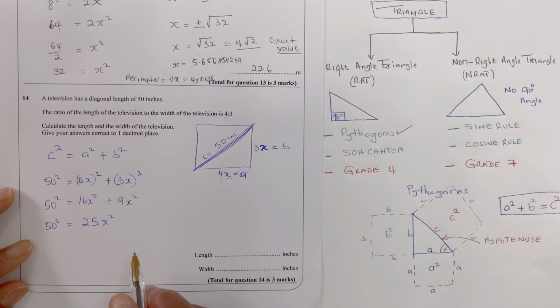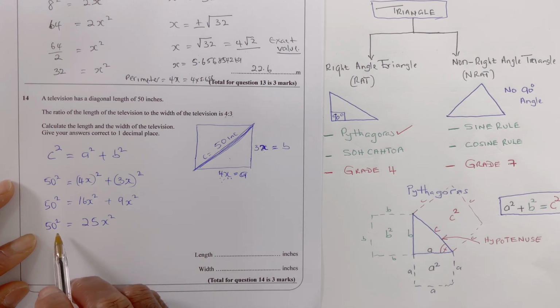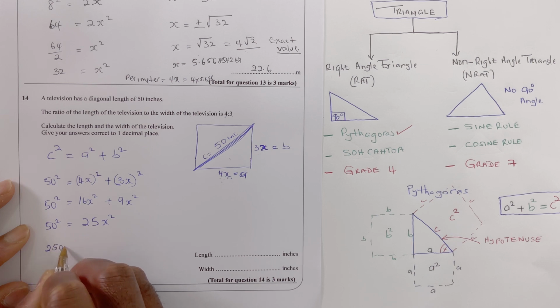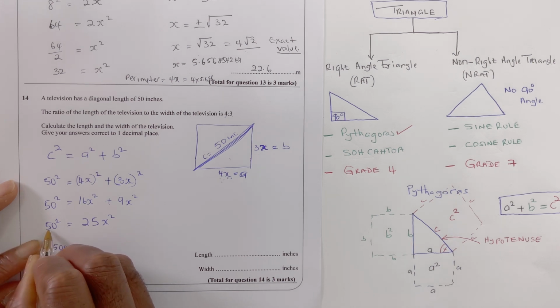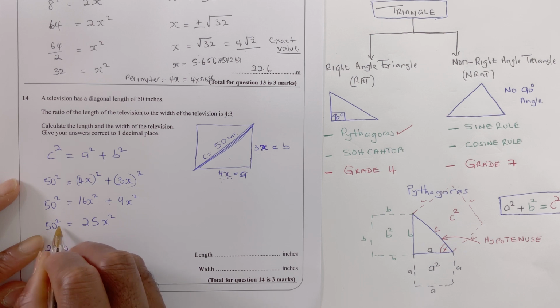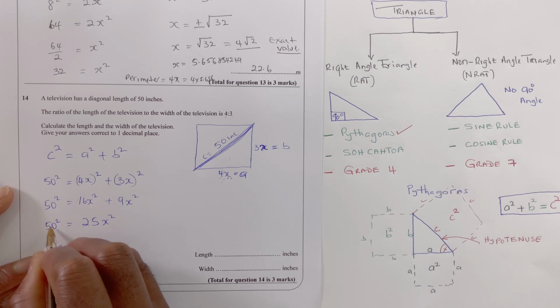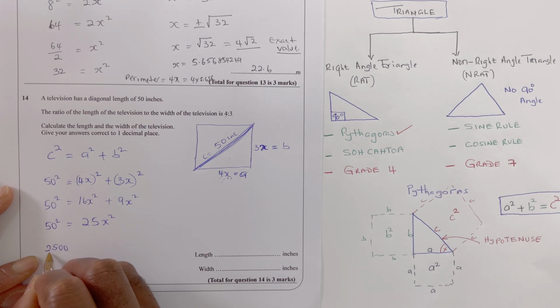So what do we do for that? What we need to do now is divide both sides by 25. So 50 squared is going to be 2,500, because 5 squared is 25, and you're squaring 50, so you square 5, that would be 25, and you square 0, two zeros.